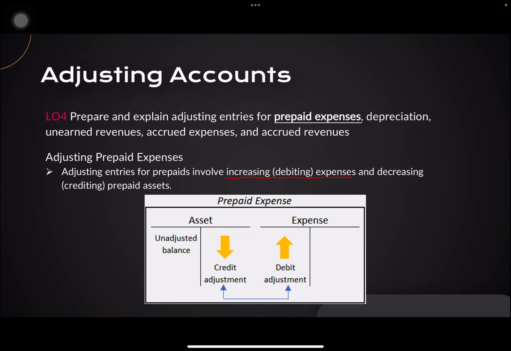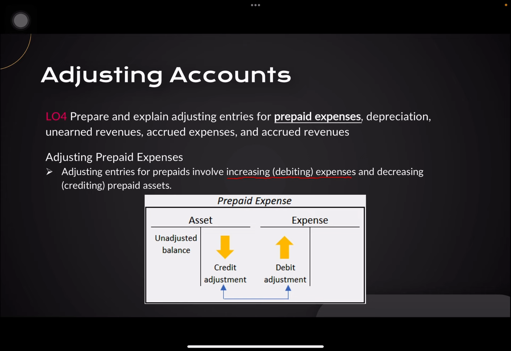So in this table right here, you would see that there are two T accounts. You would have one T account for your asset, and you would also have one T account for your expense. On the left side of the asset T account, you would see here the unadjusted balance. Typically, this would be the original cost of your prepaid expenses. So you will put in here the cost of any prepaid expense that you purchased.